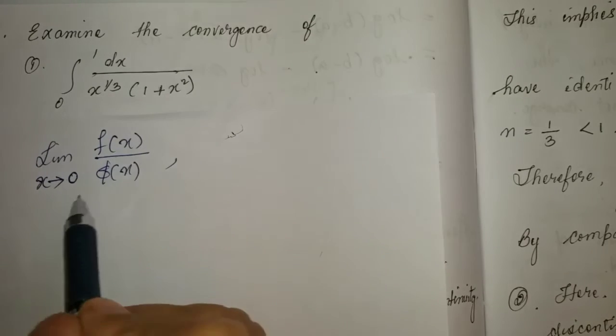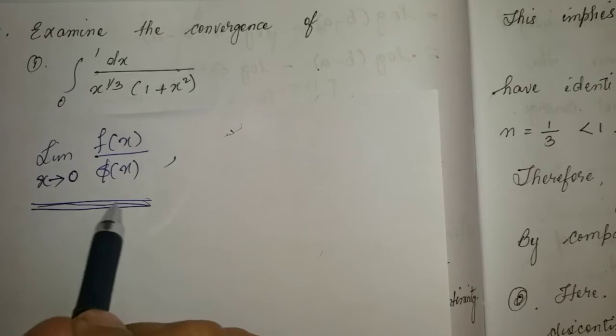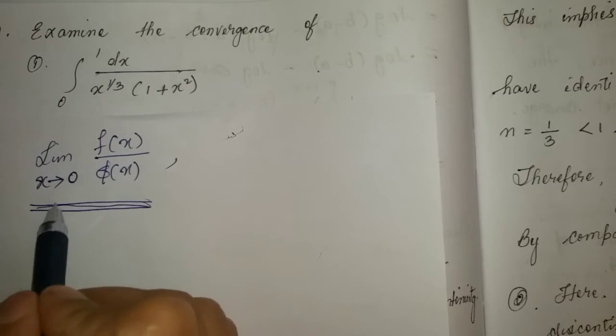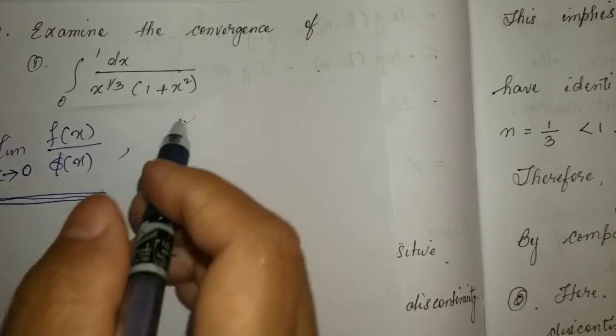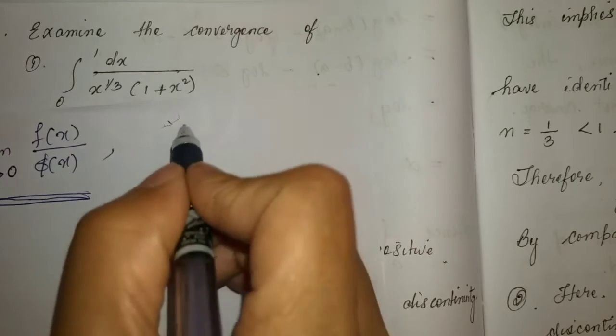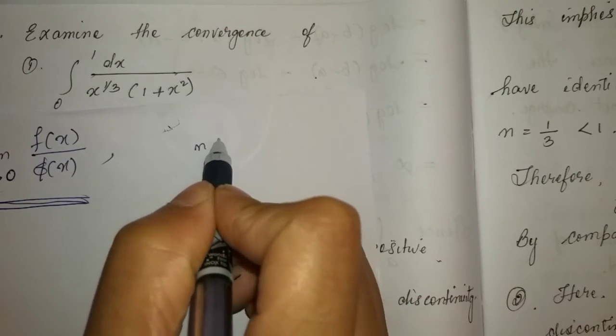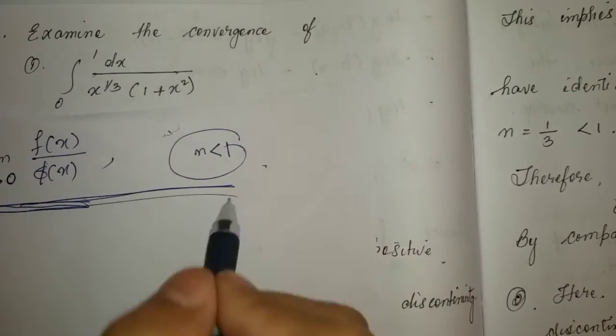We're going to make use of this definition, that test before and that previous example, where it is convergent when n is less than 1. We're going to make use of these two things.